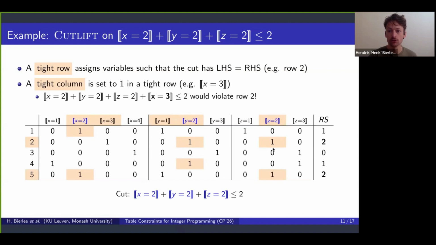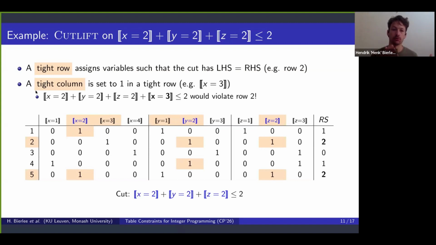Z equals 2 is also set to 1. So we have 0 plus 1 is less or equal to 2. So this is a row we have to be particularly careful for, because it's at risk that if we, let's say, add x equals 3 to the cut, then now this row would be violated. So that's why we call row 2 a tight row, and I guess we'll call x equals 3, this column, a tight column, because it's set to 1 in any tight row.